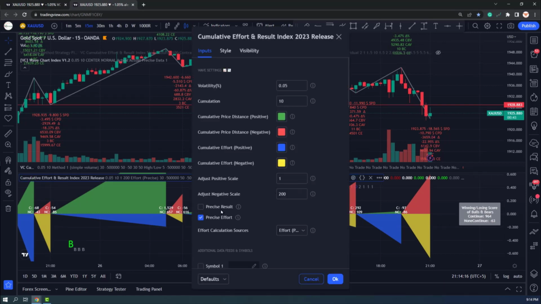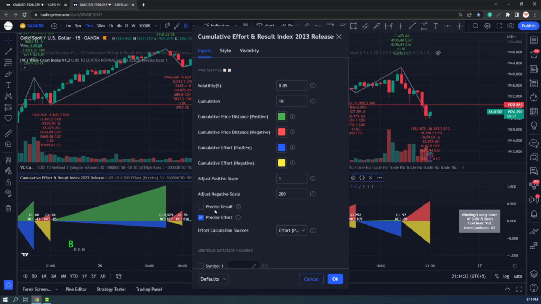Similarly, there is another input, the precise results, but this is not recommended. You just need to enable the precise effort, because if smart money tries to manipulate the price from one level to another level, it will be quite obvious to every trader.